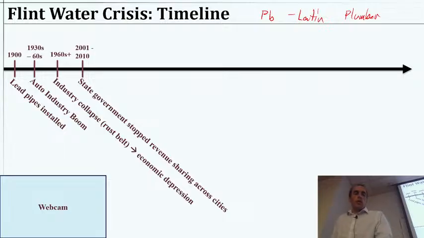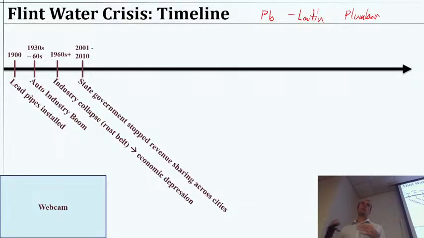So in the early 2000s, in the 2001 to 2010 range, it got so bad that the state of Michigan, which had been trying to help compensate for these economic issues, by supporting Flint and other cities that were really in economic hardship, and I don't know exactly when they started, but it's sometime probably around the 70s or something, decided they had to stop revenue sharing.